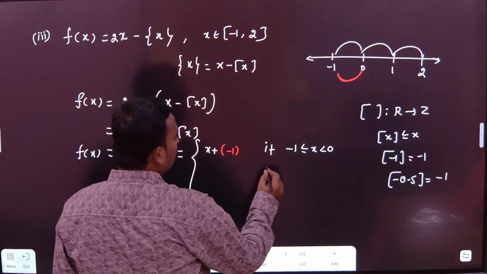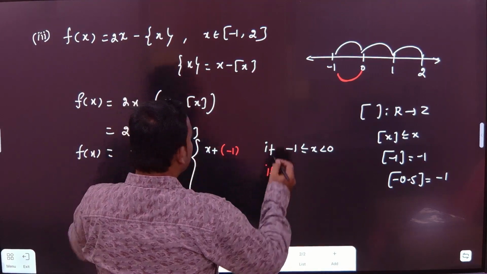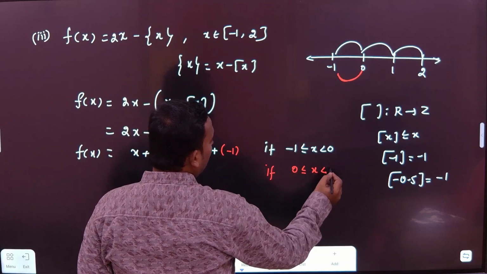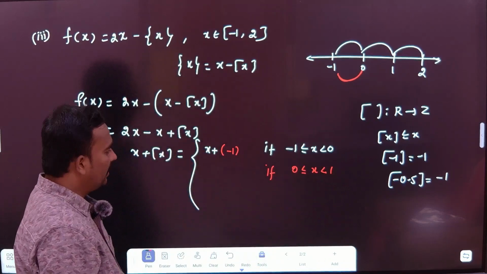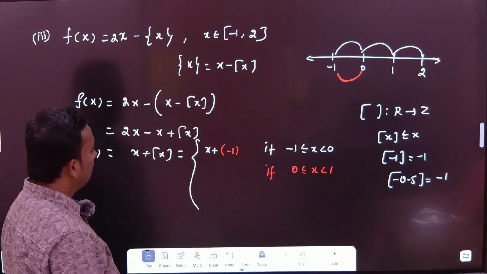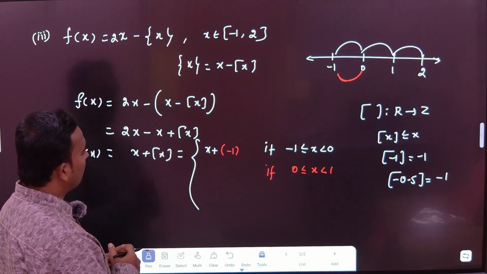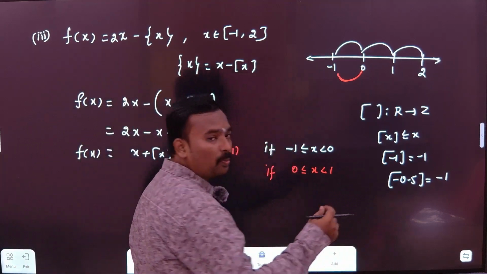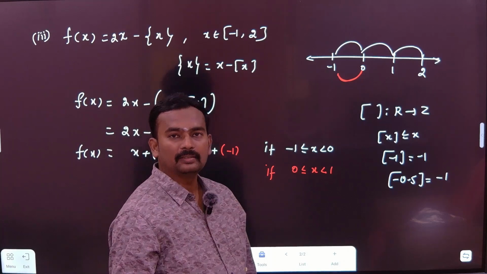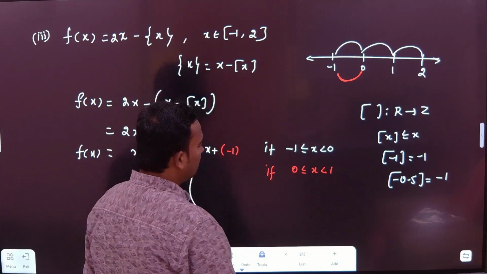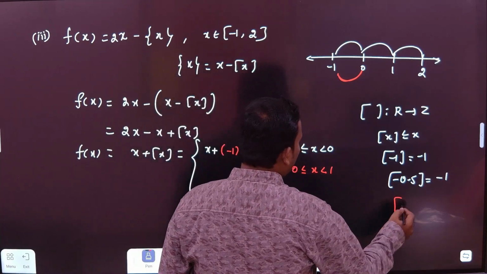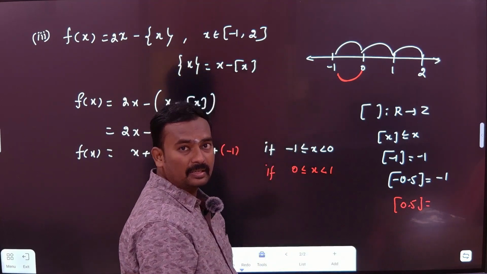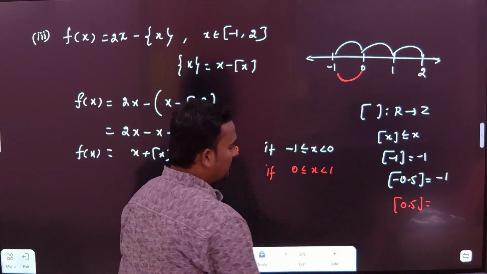Next, if I take 0 to 1, with 0 included and x less than 1, in this interval, what is the greatest integer function? You can take 0 to 0.9999. The greatest integer value is 0 only, right? For example, 0.5: the greatest integer less than 0.5 is 0, right?